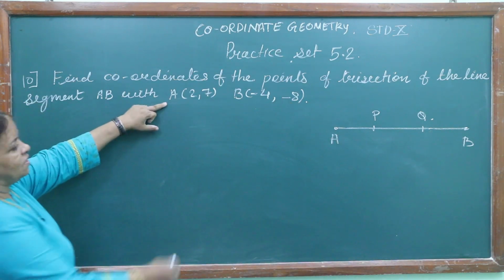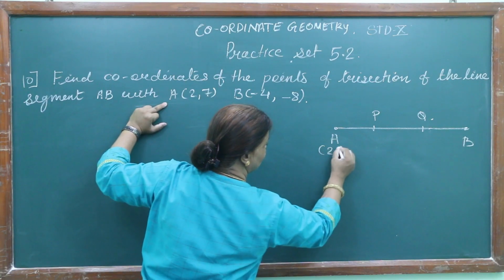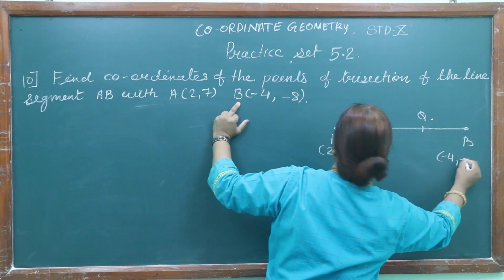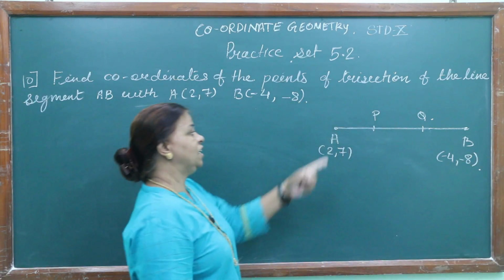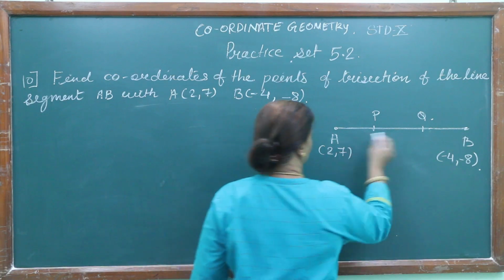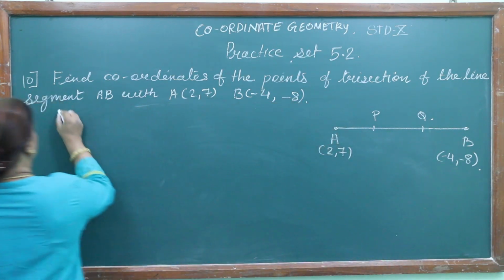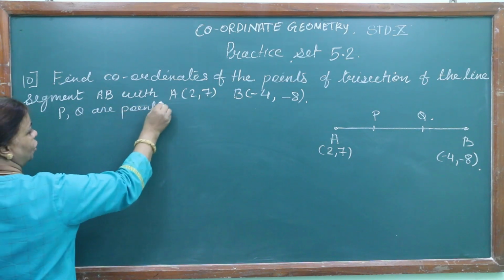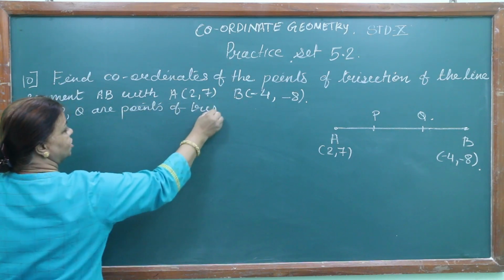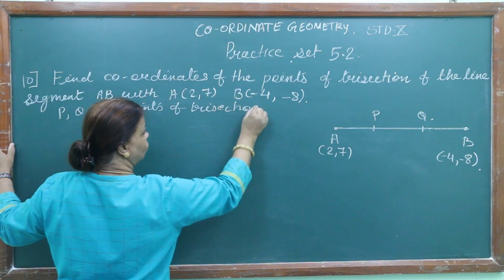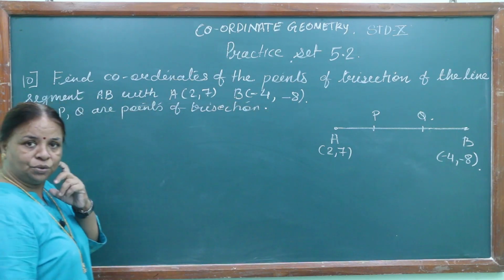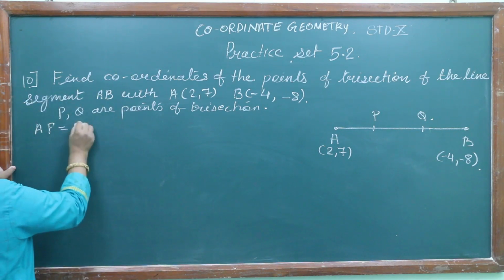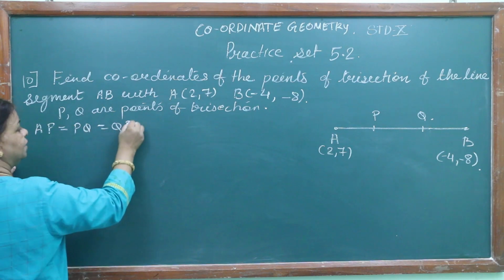A is given as 2, 7. B is given as -4, -8. We need to find the coordinates of P and Q. So if P, Q are points of trisection, then points P and Q will divide the line into equal parts. Therefore, we can say AP is equal to PQ is equal to QB.